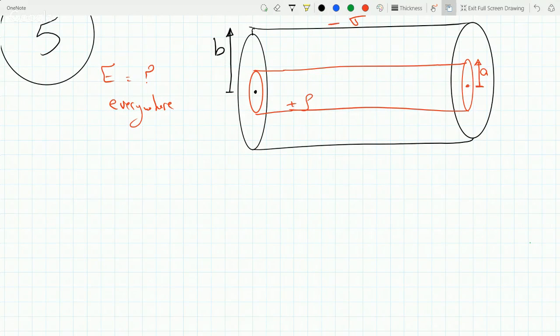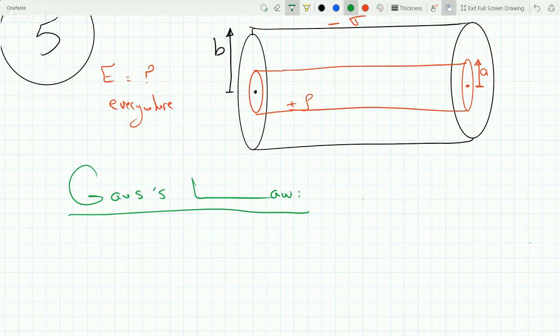Well, let's do it first inside the inner cylinder. We're going to use Gauss's law. This is a straightforward application of Gauss's law, which says the closed integral of E dA equals Q enclosed inside a Gaussian surface divided by epsilon.